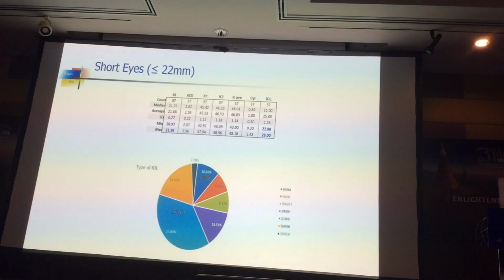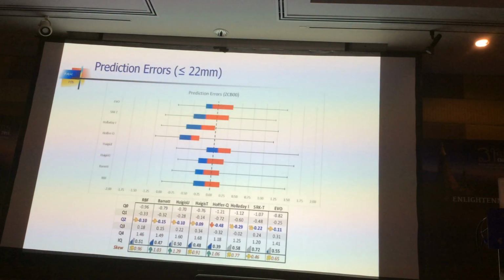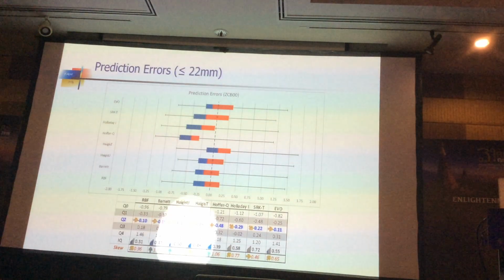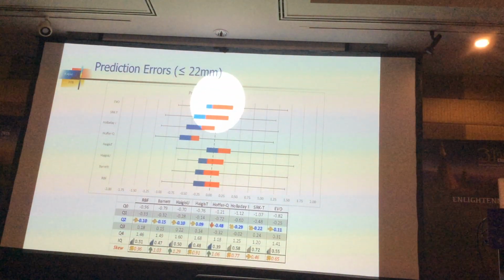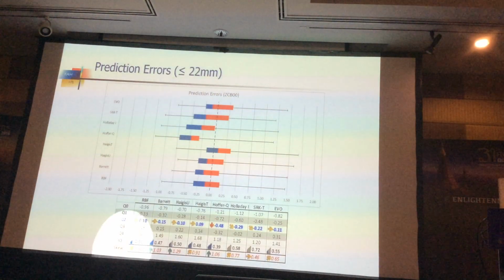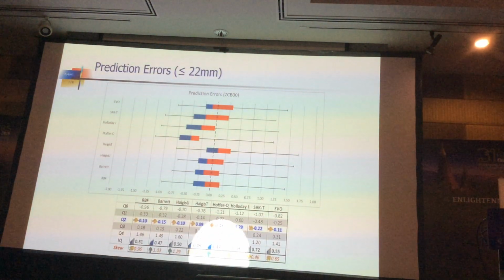Of course, in our population, we don't have very high numbers. 37, I think that's enough. Different R1. Now, straight away, you can see that it's quite obvious. Right in the middle, you have a band of three: RBF, Barrett, and Evo. All right, the interquartile is 0.51.